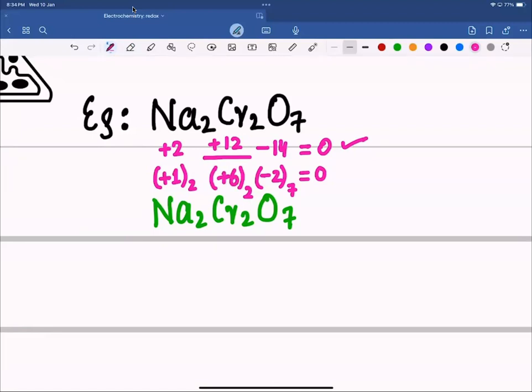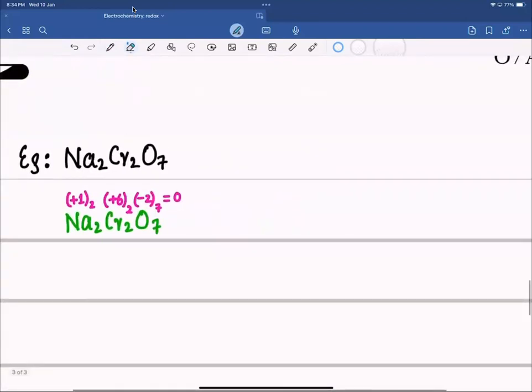Is this understandable? Yes, sir. That's how we always find the oxidation number of the elements present in the compound or the polyatomic ion.